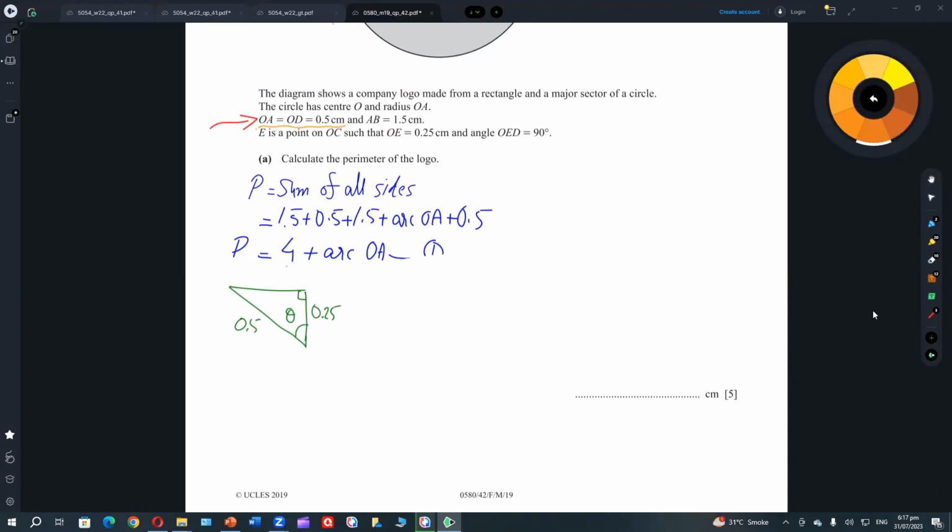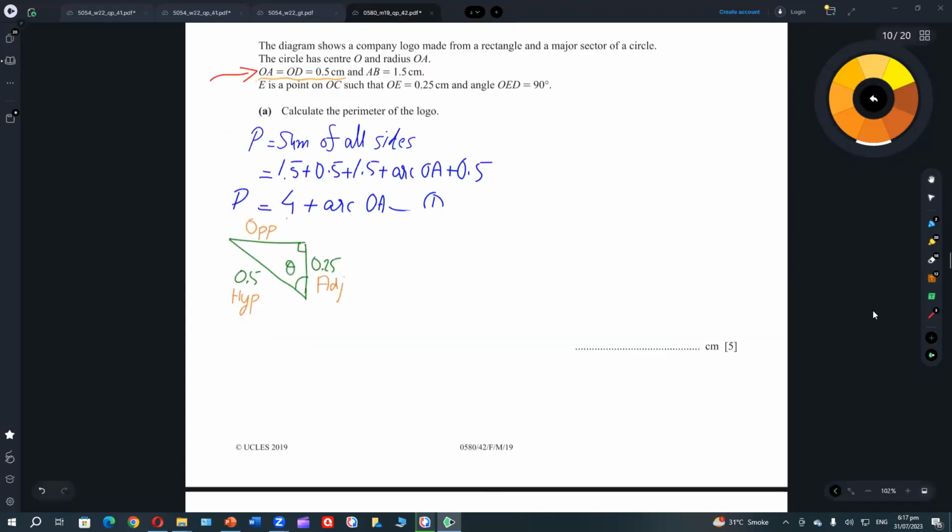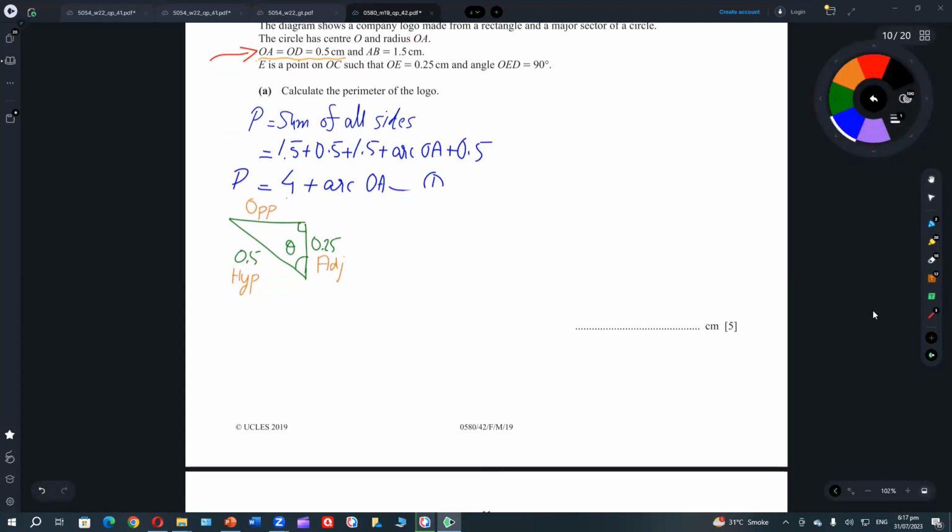So opposite to theta is called opposite, this is called hypotenuse, and this is called adjacent. Now trigonometry comes. Do you remember there are three trigonometric ratios: sine, cos, and tan?